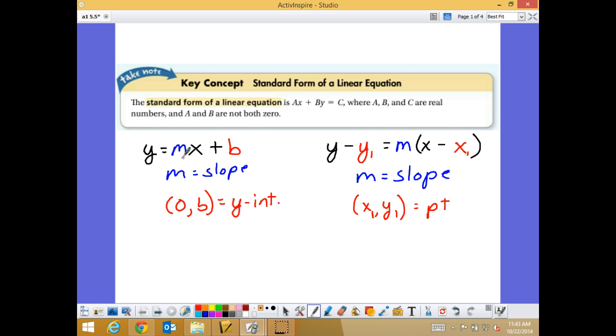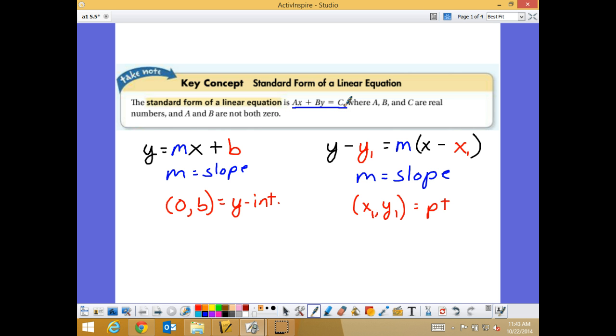For horizontal lines, it's okay because there is a slope to horizontal lines. It's actually equal to 0. But with vertical lines, there is no slope, so we cannot write the equation of a vertical line in either slope-intercept or point-slope form, which is why the standard form is necessary.